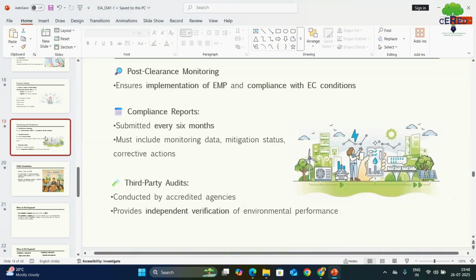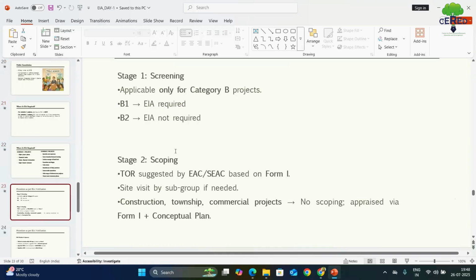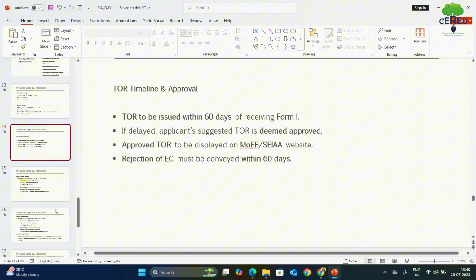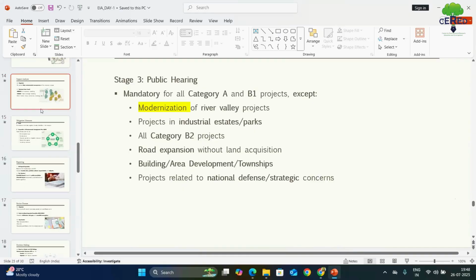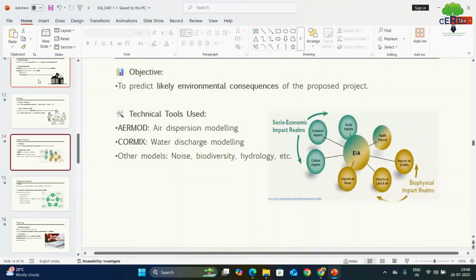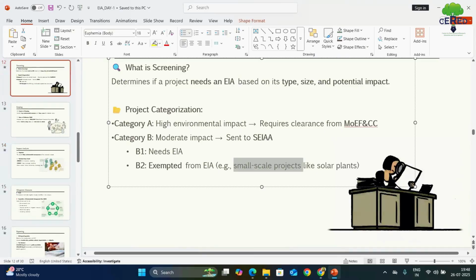See, if you see the slide, as you see, for the small scale projects, B2 category, we don't prepare EIA report for B2 category project.